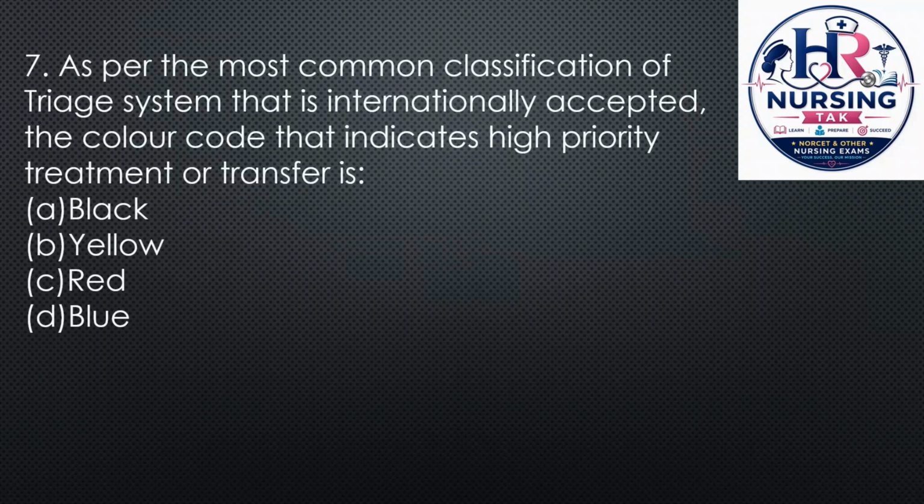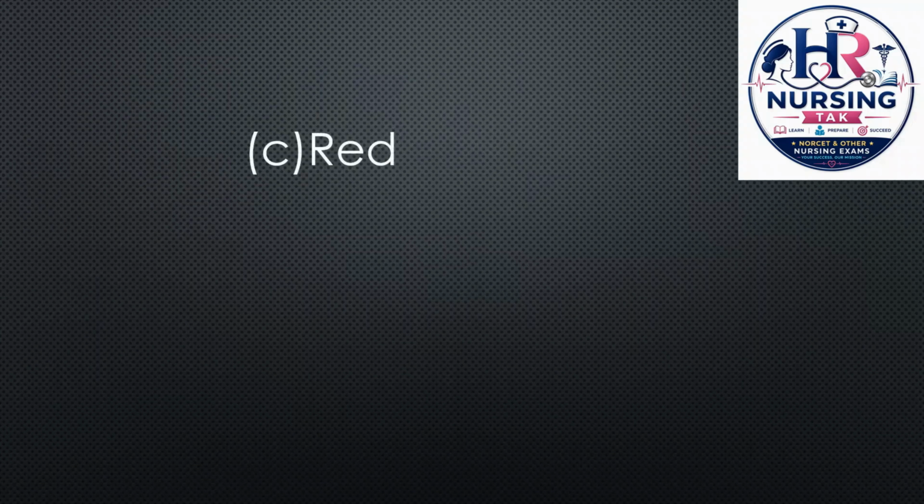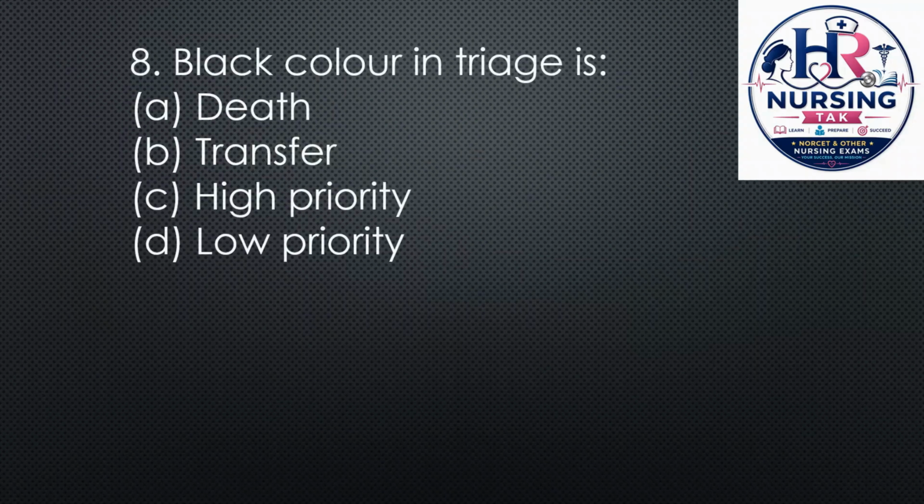Question 7. As per the most common classification of triage system that is internationally accepted, the color code that indicates high priority treatment or transfer is A. Black. B. Yellow. C. Red. D. Blue. Answer is C. Red. Question 8. Black color in triage is A. Death.